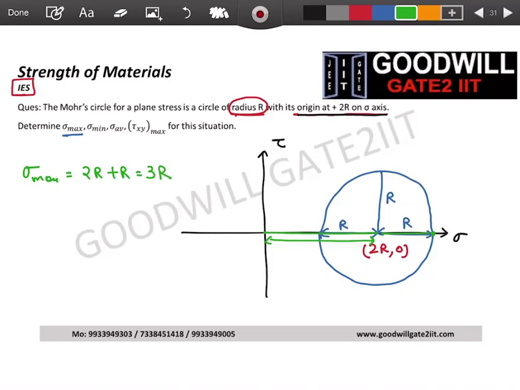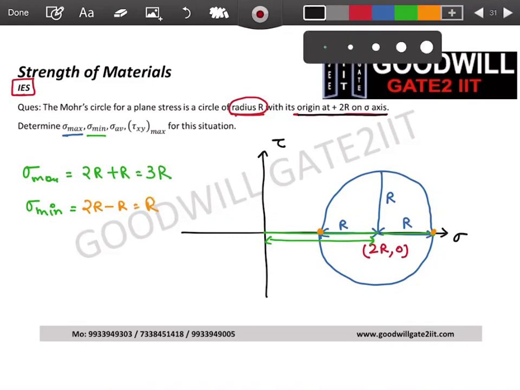Perfect. Good, guys. What is the minimum value? Maximum and minimum are nothing but principal stresses, right? So your minimum value is this. Maximum value is this. Minimum value is this. And this will be 2r minus r, which is r.